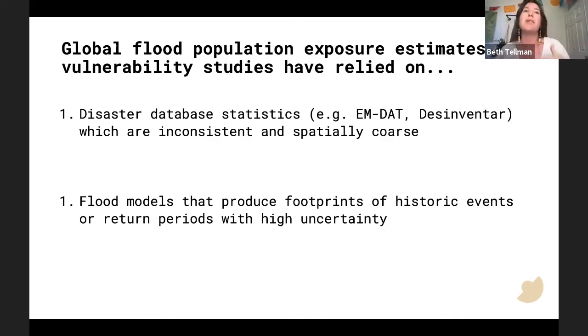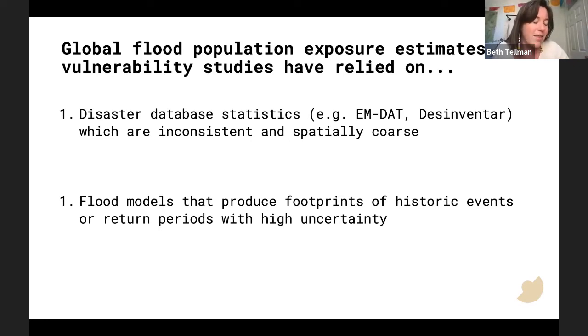They're spatially coarse, at large administrative units. They're often really biased because countries report and even define who is flood affected in different ways, and what it actually means to be flood affected. You could have your crops in a certain area or your road access shut off. And so sometimes those numbers can get much higher depending on who's reporting and what their definition is.